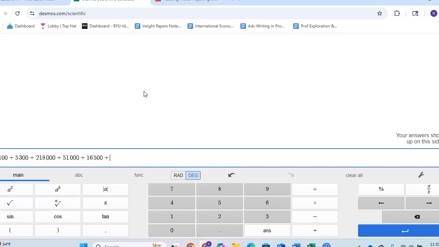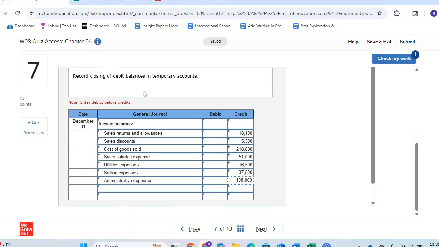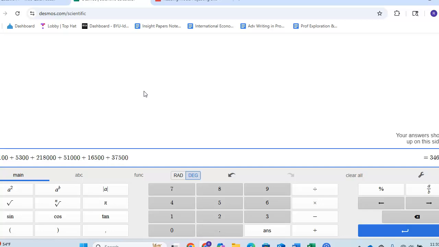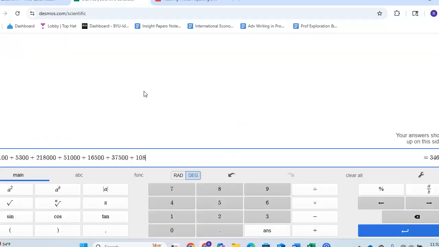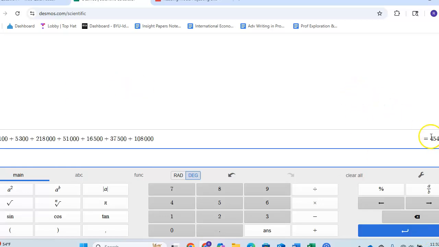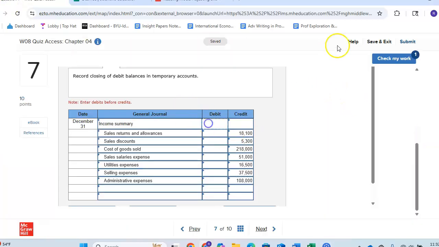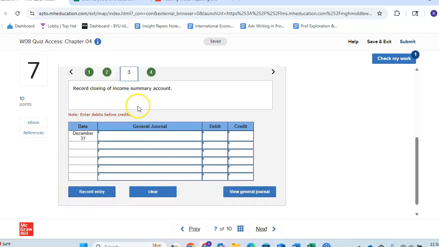As you see, I'm just putting the amounts from the list, just going back and forth. It'd be easier on just using your phone or whatever. And you should get 454,400. So that'd be the amount you put in, 454,400. And then you record the entry.